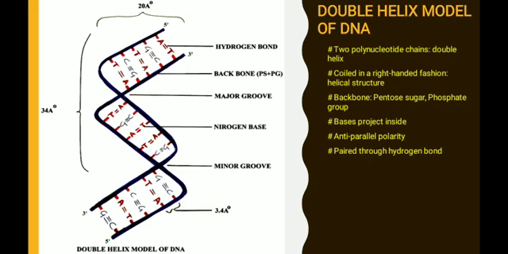And again, the formation of hydrogen bonds is very specific. Always the hydrogen bonds are formed between A and T as well as G and C. And there is a specificity in the number of hydrogen bonds also. Between A and T, double bonds, and between G and C, triple bonds.